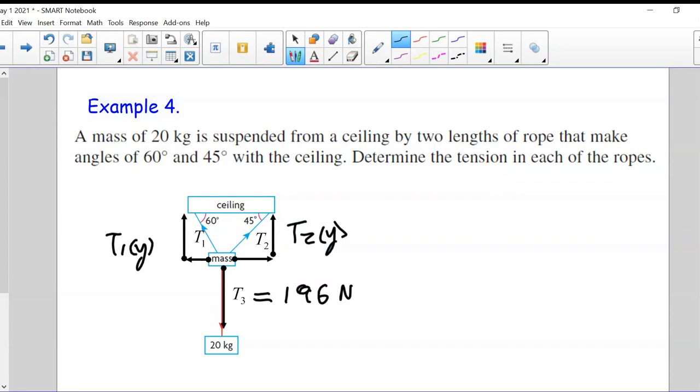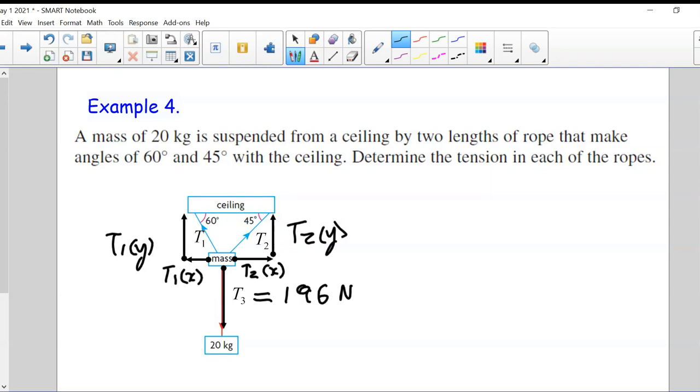The other thing is that this T1 and T2 vector also have horizontal components. So I'm going to call them T2x, and this one, T1, sorry, let me fix that, I'm going to call this T1x.